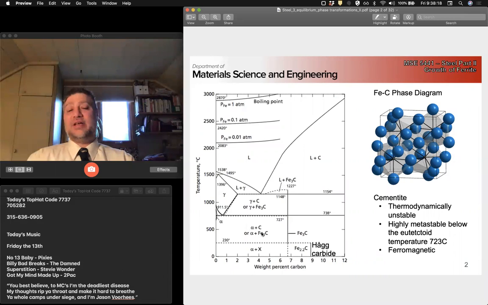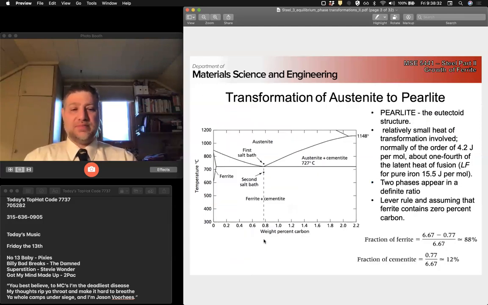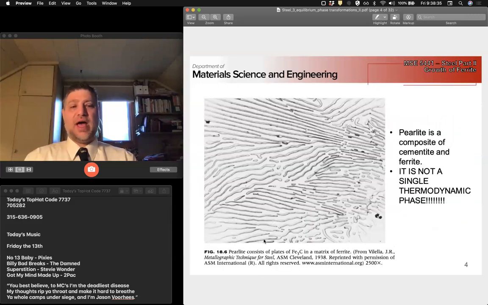And there's not a lot of really good technological applications for cast irons. So we tend to not spend a lot of time on those, right? Okay, so the important thing here is pearlite is a composite, right? It's layers of cementite and ferrite. It's not a single thermodynamic phase, right?